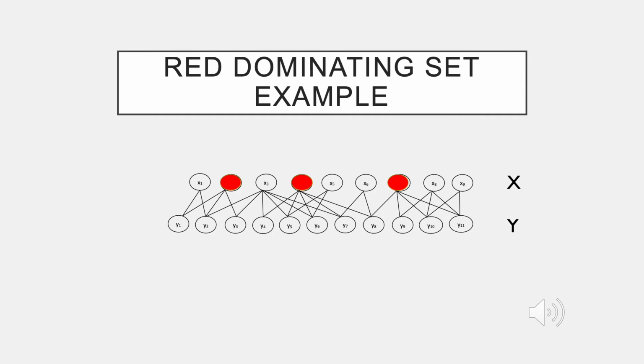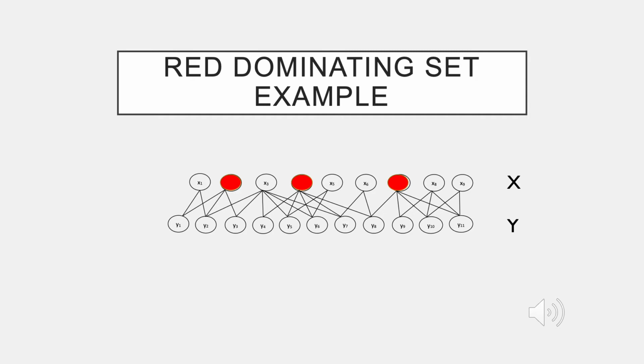For example, neighborhoods of x2 and x4 and neighborhoods of x4 and x7 are consecutive, but neighborhoods of x1 and x4 are not.